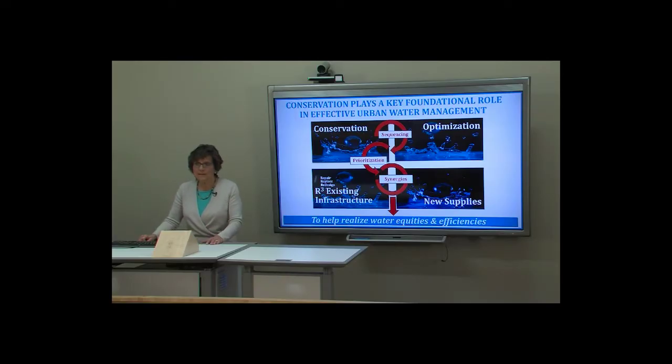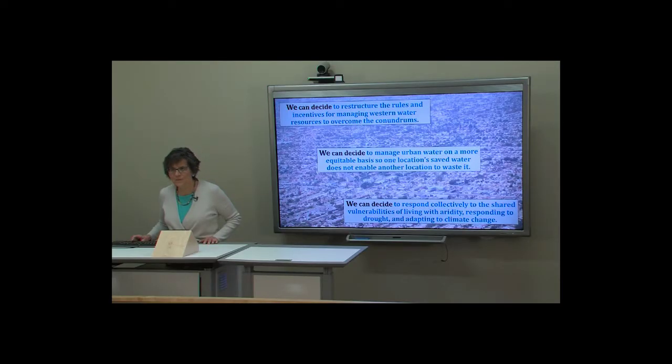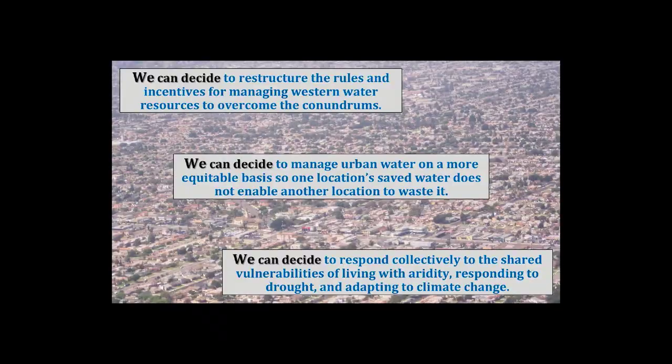But similarly, pursuing water demand management to fuel urban growth is not a viable long-term water sustainability strategy. So we need to pay attention not just to the efficiencies, but also to the equity issues involved in managing water in the West.